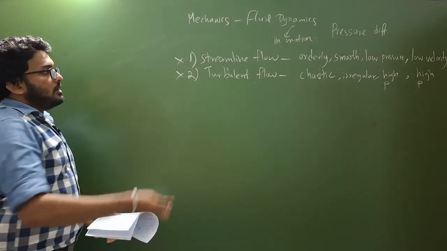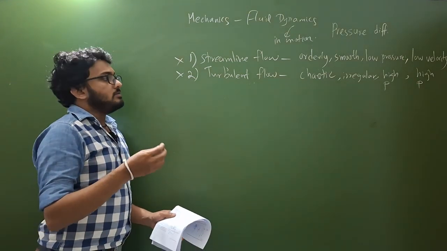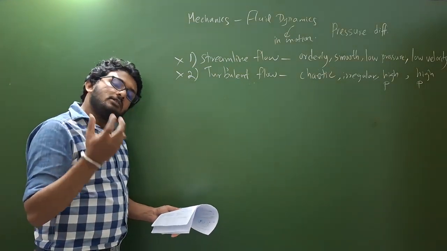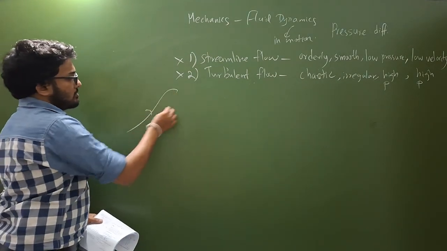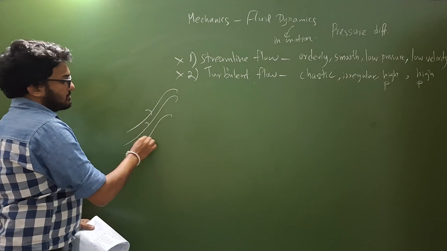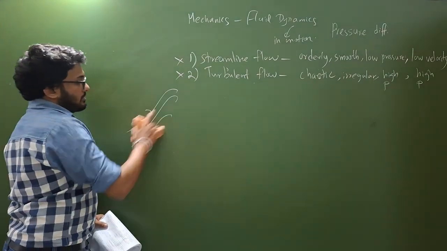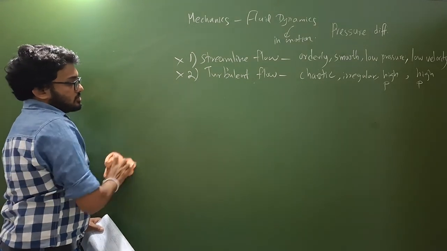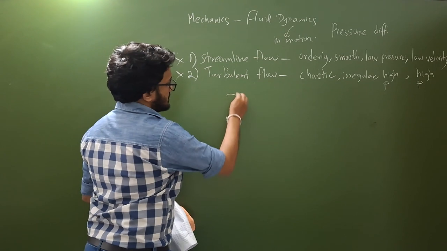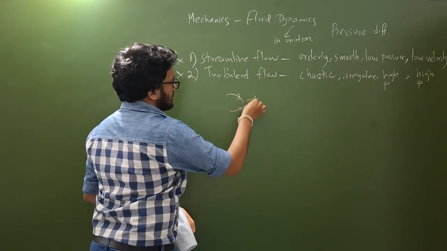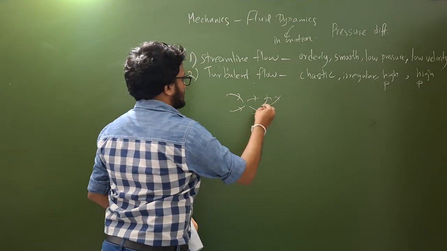Turbulent flow. We can't actually draw the turbulent flow. Why? Because there are no set paths for the fluid particles. For a streamline flow, we can draw like this, the streamline. But in turbulent flows, there are no set paths. So if I'm going to illustrate a turbulent flow, I may have to draw it like this.